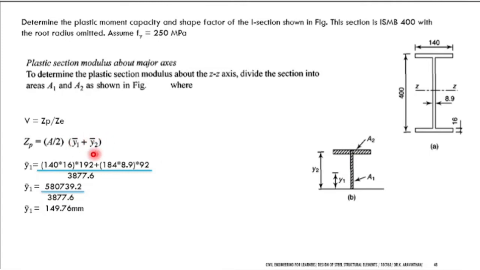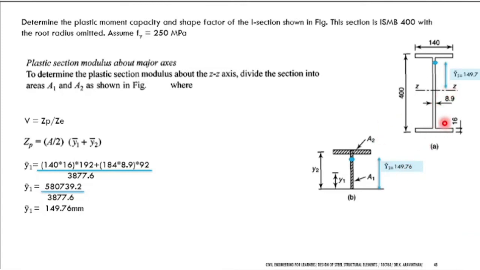Now you find y2 bar. How to find y2 bar? y2 bar is the next distance from the equal area axis. The top centroid distance is y1 bar, the bottom centroid distance is y2 bar. So here you have found that the centroid is acting here and the distance is 149.76. Okay. Now you find the same way where you will be having the y2 bar from the equal area axis.